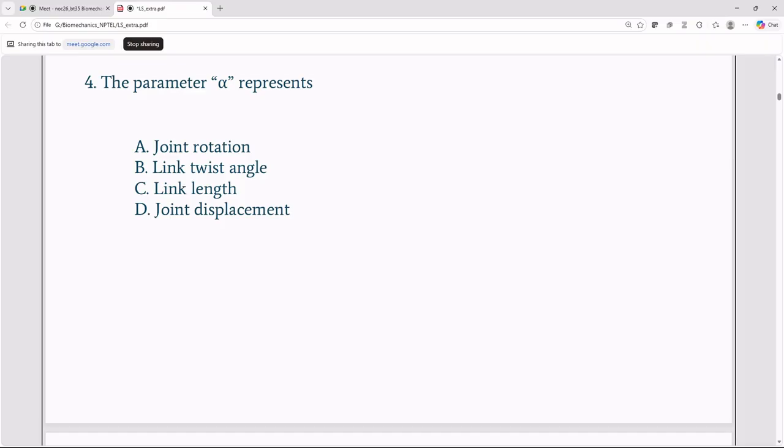So the next question is, what does the parameter alpha represent in DH parameters? Option A, joint rotation. Option B, link twist. Option C, link length. Option D, joint displacement.